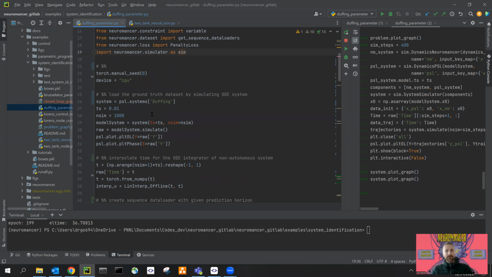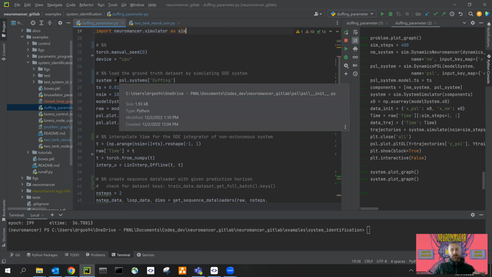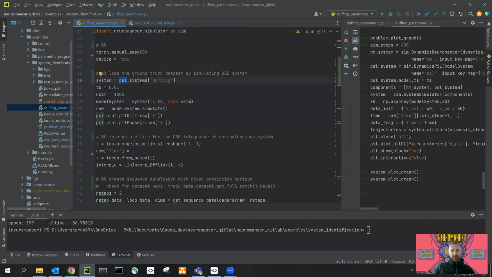Okay, so we start with generating some raw data set that corresponds to our ground truth model that we want to imitate, or learn the digital twin of. In this case, we are using the Python Systems Library, where we have defined the ODE system.